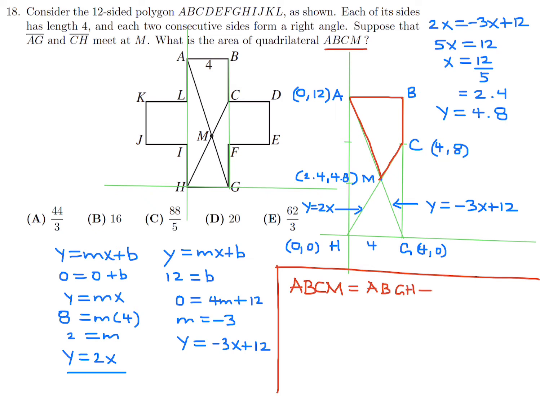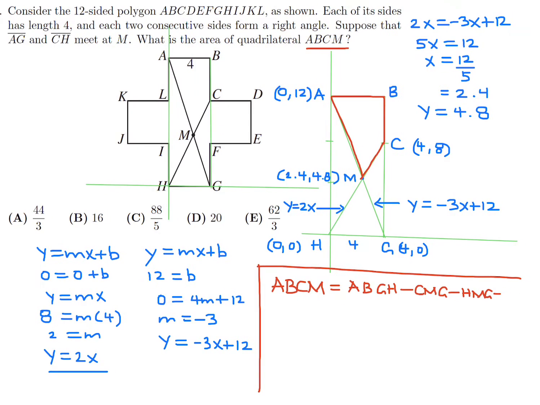And then we have to subtract from it 3 triangles. We have to subtract CMG, this triangle. We have to then subtract this triangle, which is HMG. And finally, we have to subtract this triangle, which is AMH.